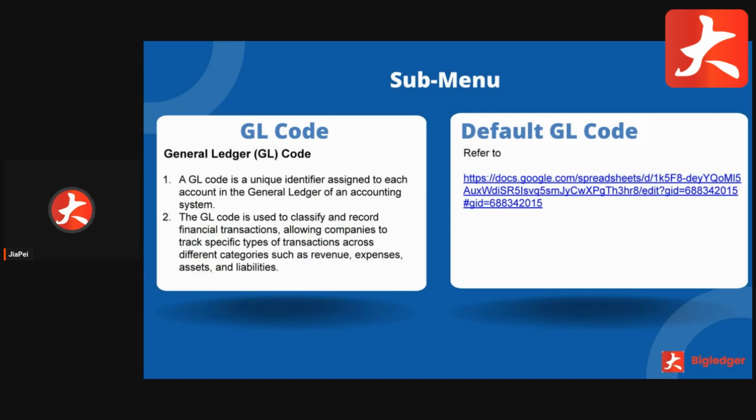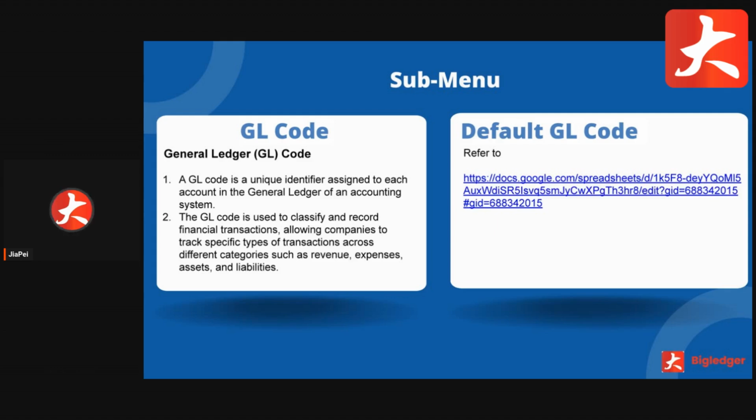The GL category and GL section are by default like a default structure for every accounting book. And then the GL code is the code that we use to provide the double entry for every transaction. For the GL code, we also have a default GL code for you to use.